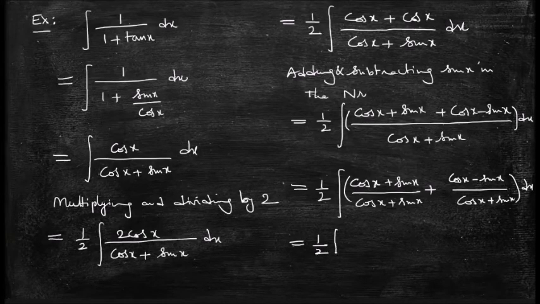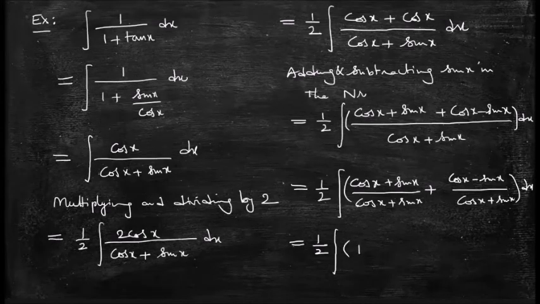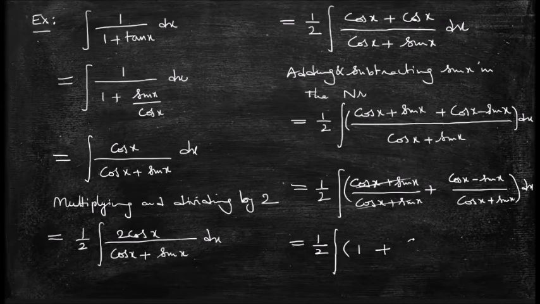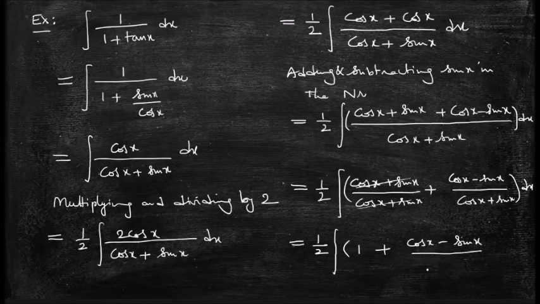Now cos x plus sin x, cos x plus sin x can be cancelled. I can write it as 1 on cancelling it. 1 plus (cos x minus sin x) by (cos x plus sin x) dx.